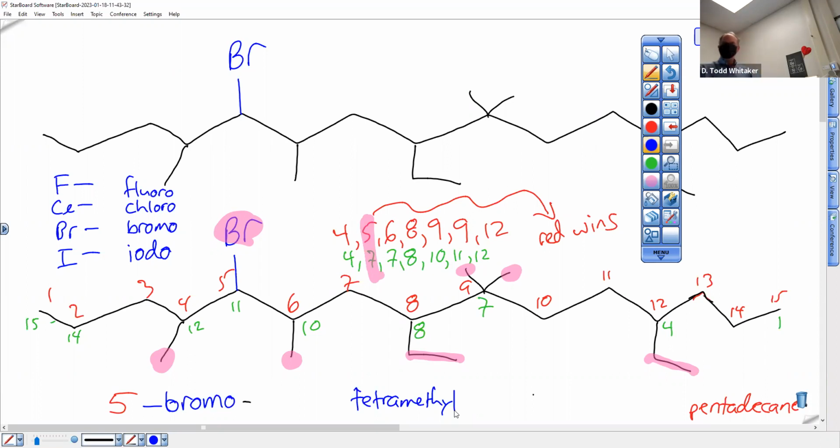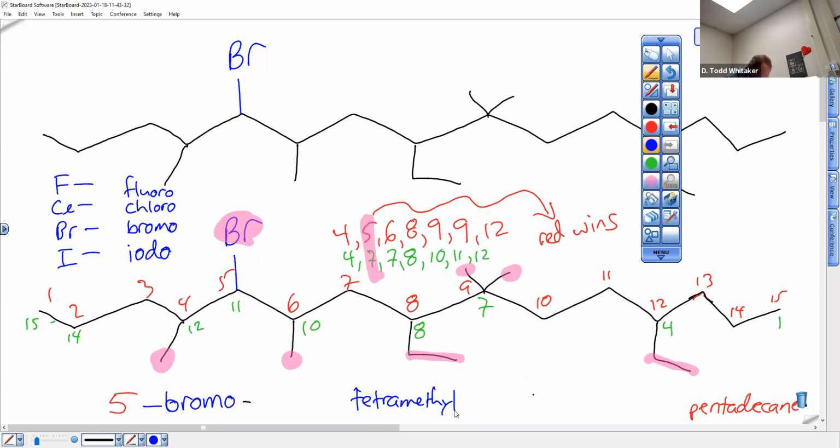Some of you want to write just 3 numbers because they see methyls on 4 and 6 and 9, red. Having the greens there messed my brain up. So they're going to give me those 3 numbers. How do I know where there's 2? No idea. If there's tetra as a prefix, you better give me 4 numbers.